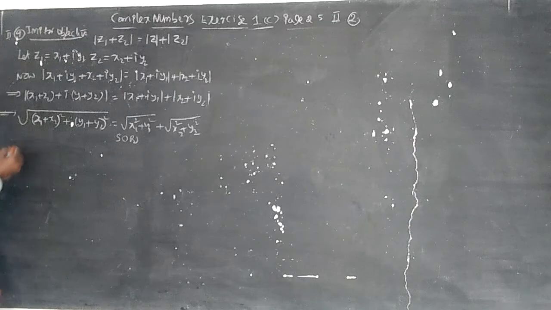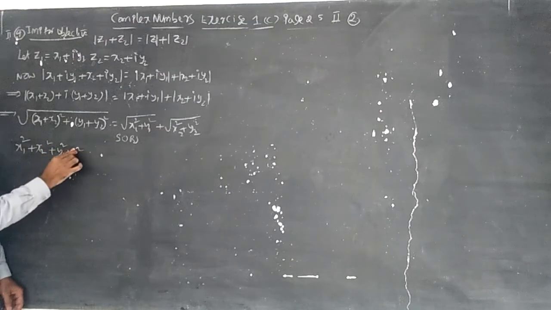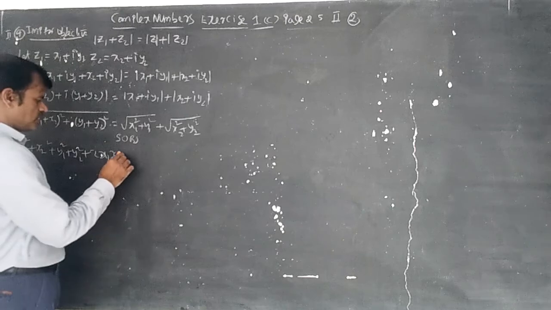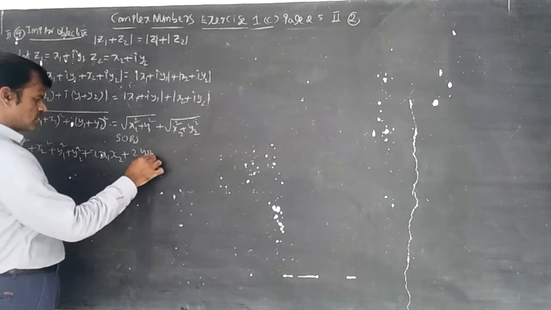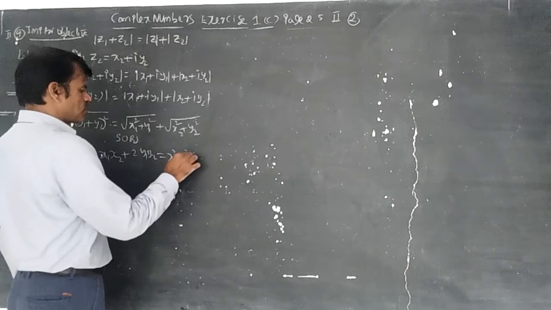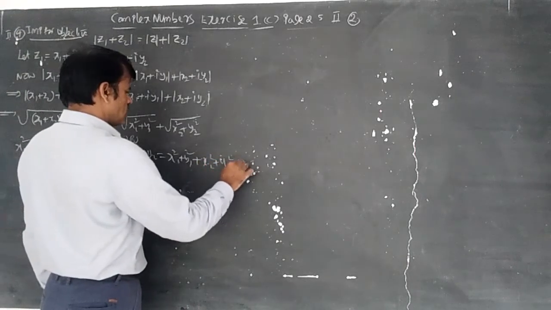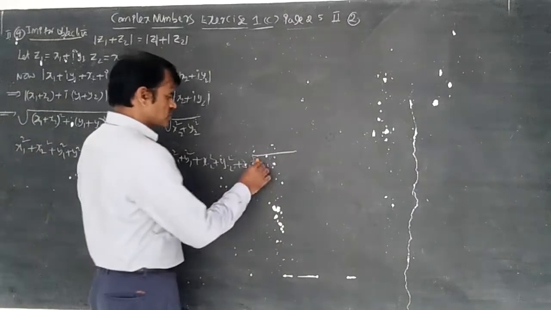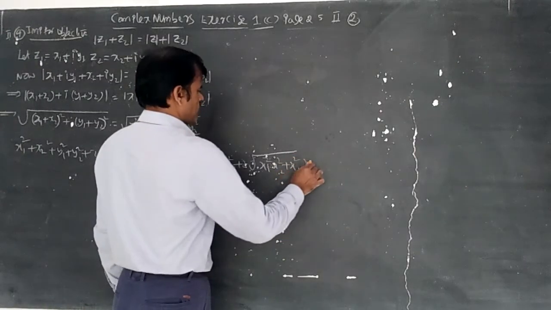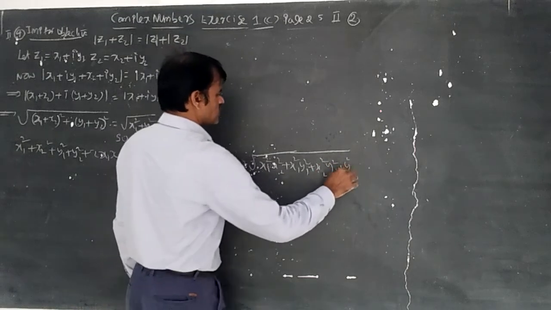Let us consider full expansion: x1 square plus x2 square plus y1 square plus y2 square plus 2x1 x2 plus 2y1 y2 is equal to, for this one we can write x1 square plus y1 square plus x2 square plus y2 square plus 2 root of x1 square plus y1 square, this one also we can write, x1 square x2 square plus x1 square y2 square plus x2 square y1 square plus y1 square y2 square.